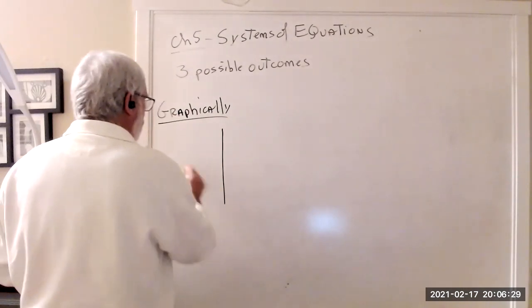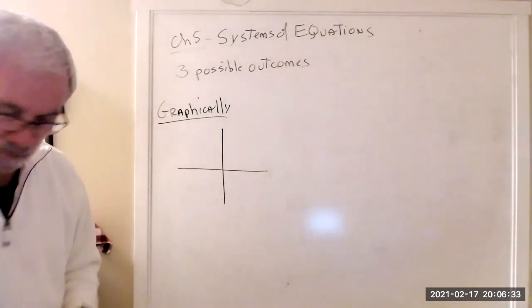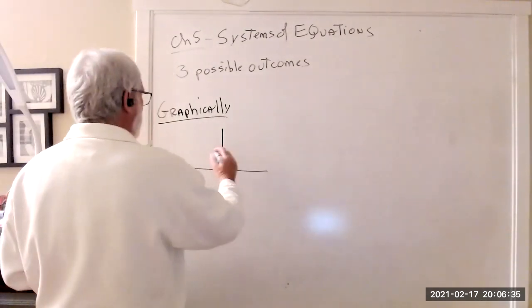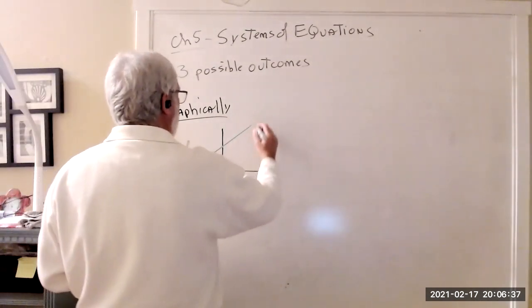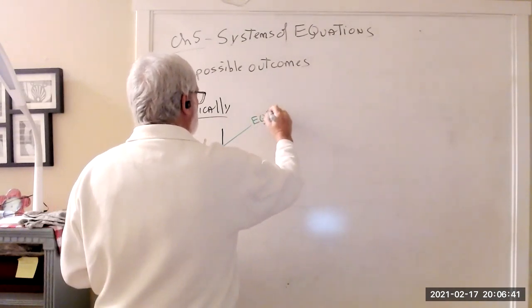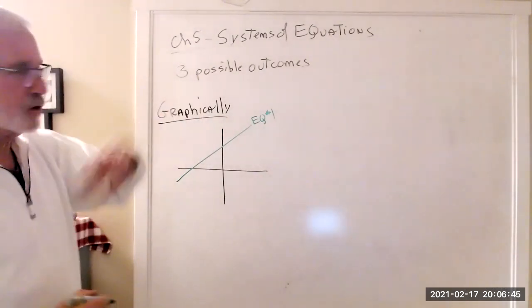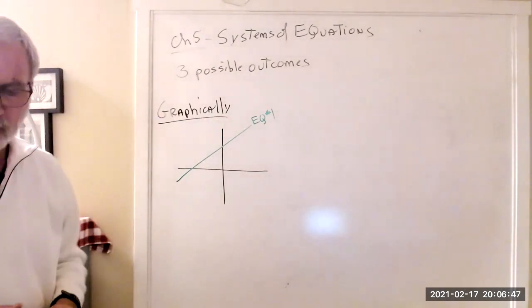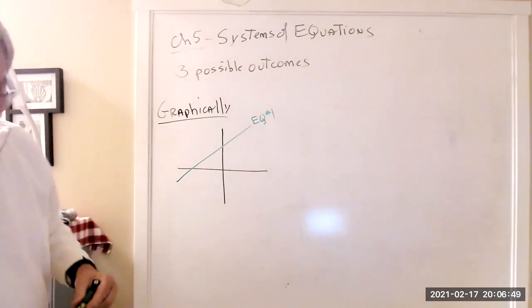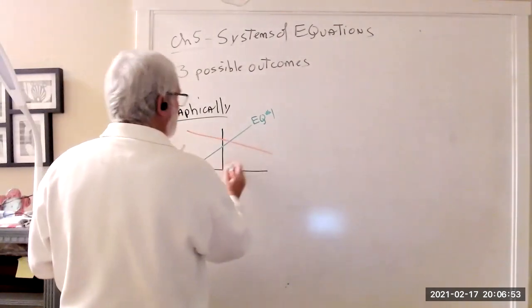Which is what your first homework in chapter 5 is going to be. If you graph two lines, okay, let's say you have equation number 1 and that's its line. Remember, a system is two equations. So let's say that's the line number 1 and it looks like that. And let's say the other line looks like this.